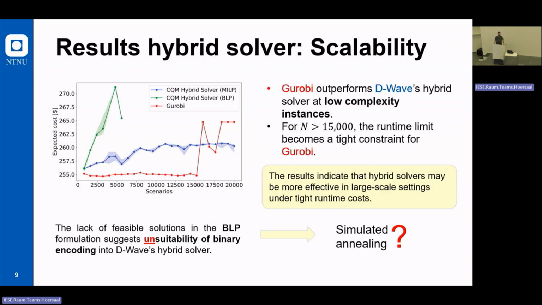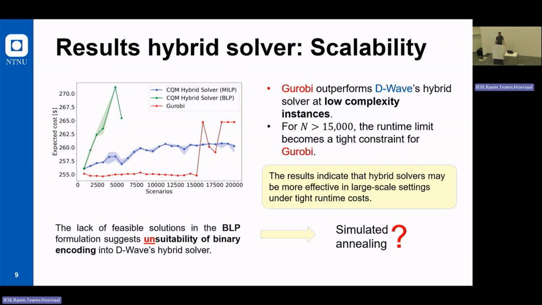And that tells us that somehow the solver is struggling a lot to find a solution in a problem that has some kind of binary encoding. We could say this is due to the amount of variables, but it's actually not the case, because the amount of variables on the last point of the green plot is much less than on the very right of the blue plot, which means that the reason this is happening is not that there are too many variables.